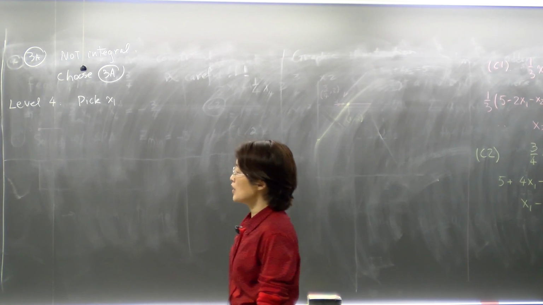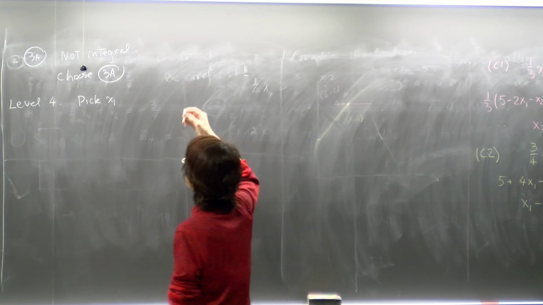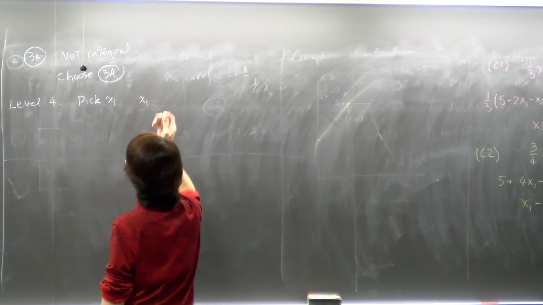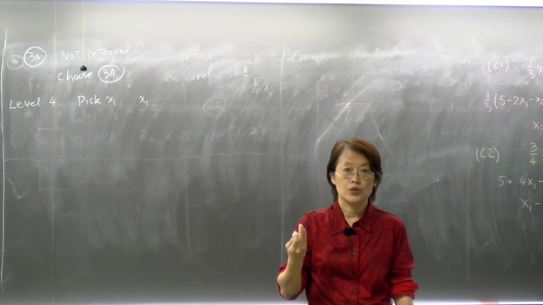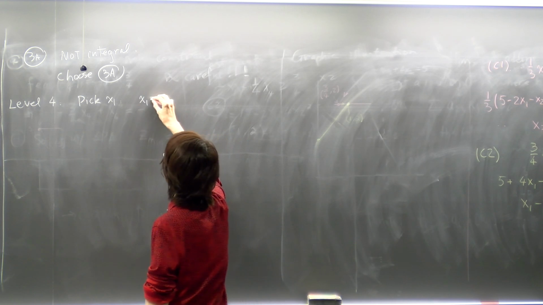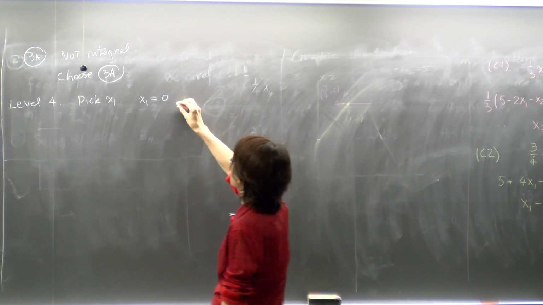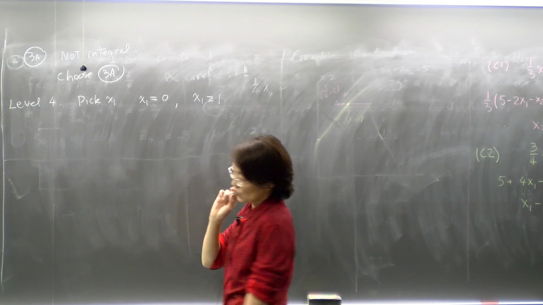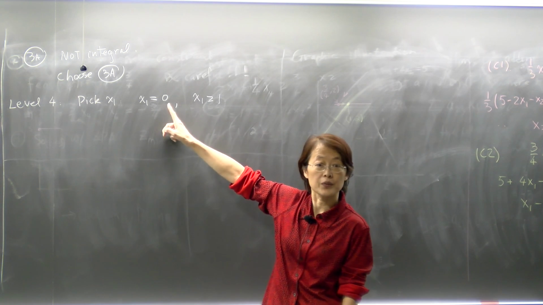The 2 nearby integers are 0 and 1. So the 2 constraints would be x1 is less than or equal to 0, which means it can only take value 0 because it cannot be less than 0, right? Or the other one will be x1 is bigger than or equal to 1. Is that clear? You cannot go negative.